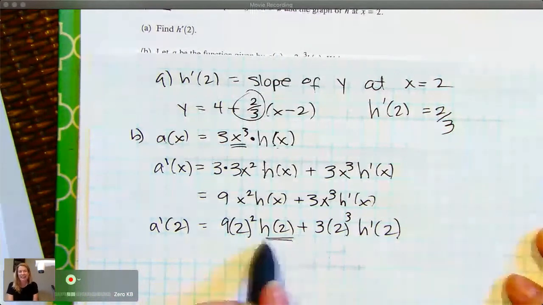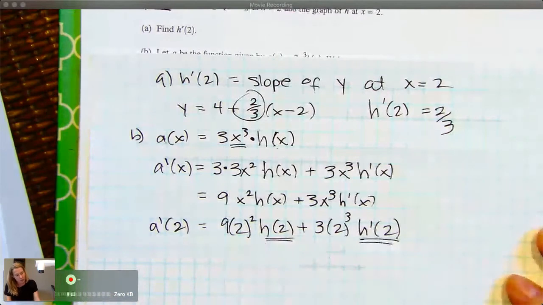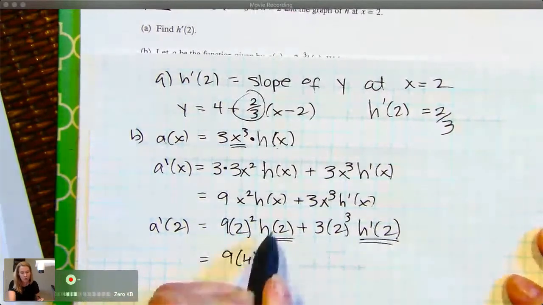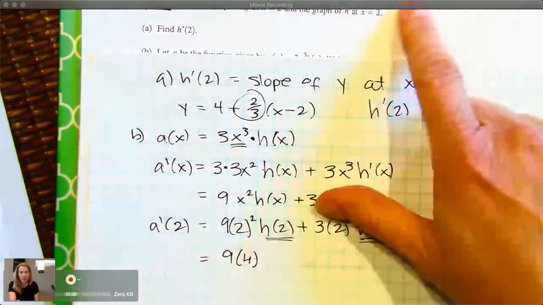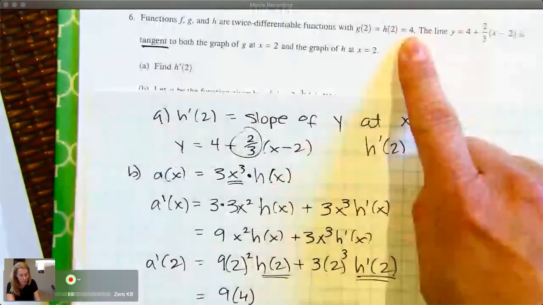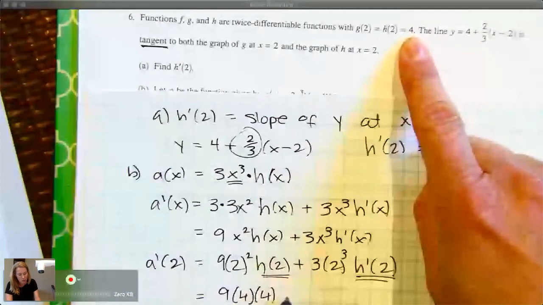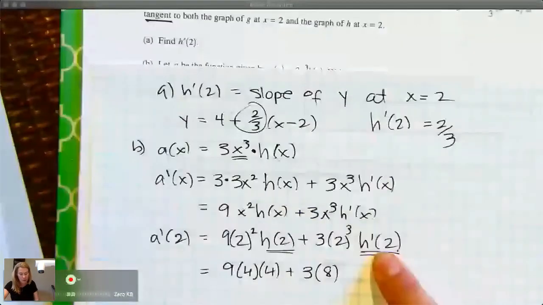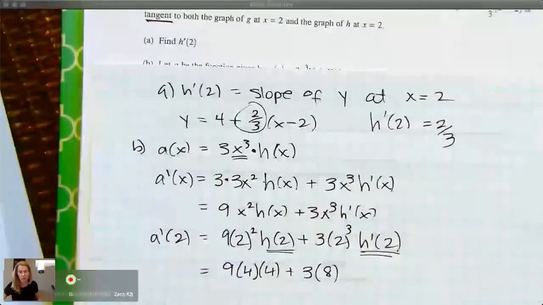Right, so I have a 9 times a 4, and h of 2, of course, was given to us way up here at the top of the problem. H of 2 is 4. And then here I have 3, and 2 cubed, of course, is 8. H prime of 2, we found that earlier in part A. And so I have 9 times 4 times 4, 9 times 16 happens to be 144.